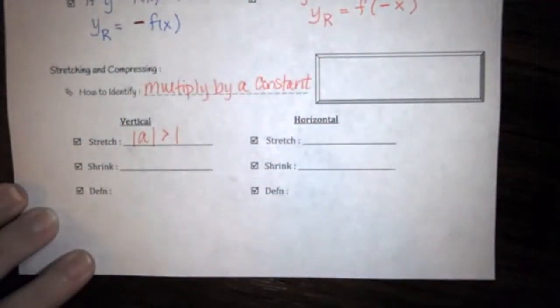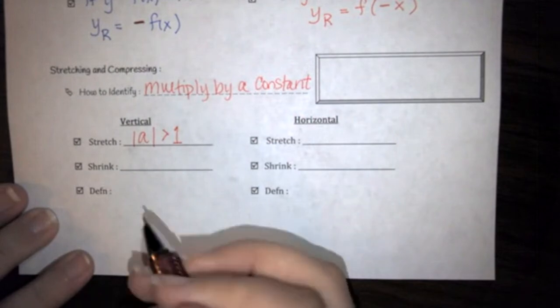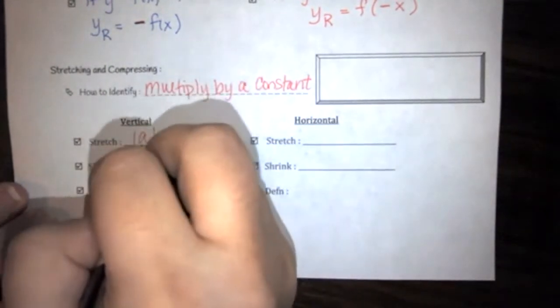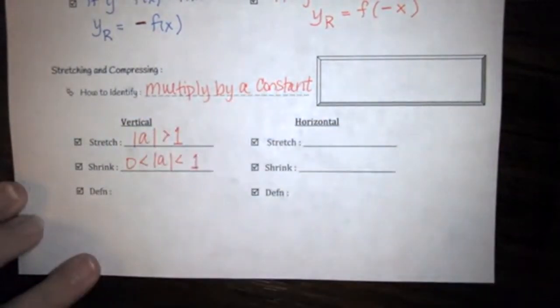So it has to be a whole number. Okay? So that's what we're talking about here. We're talking about a whole number. To shrink a vertical says we're talking about a fraction.